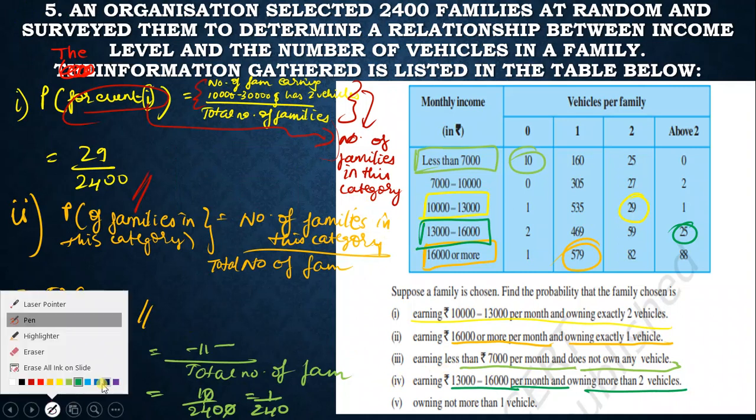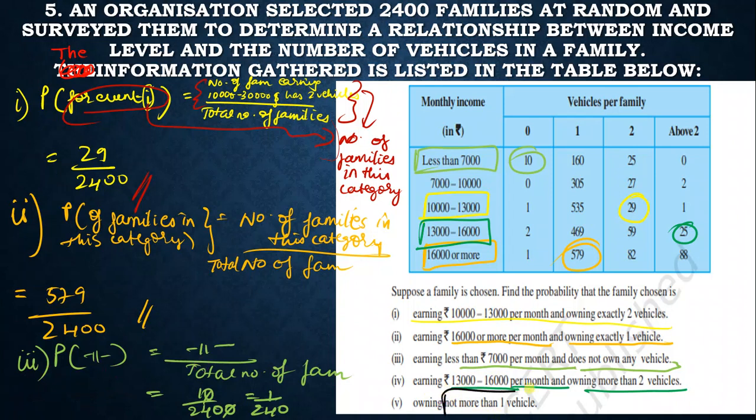Now the last part of this question is owning not more than one vehicle. Not more than one vehicle means they're not specifying the income category. Generally speaking, calculate the probability of the number of families who do not own more than one vehicle.